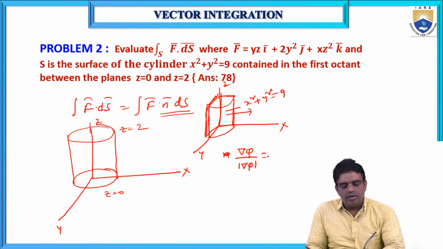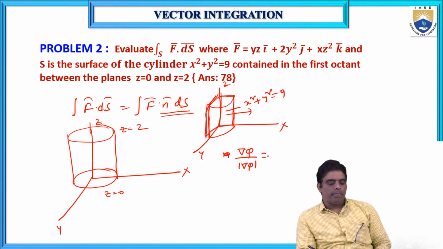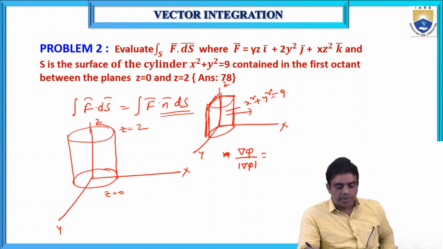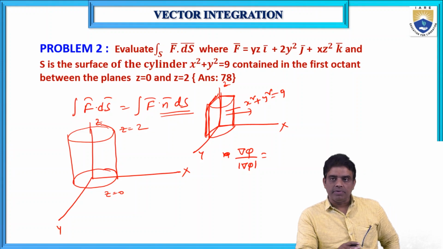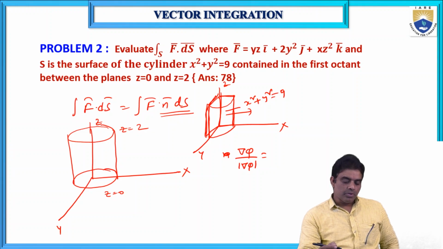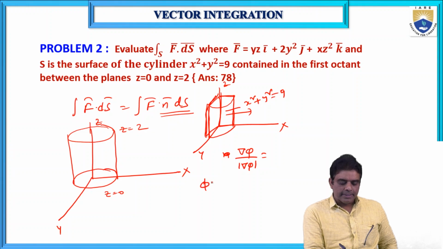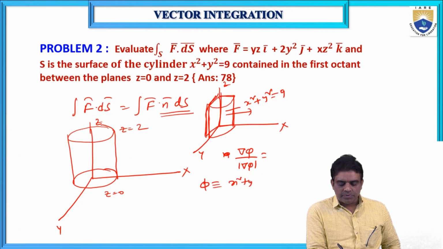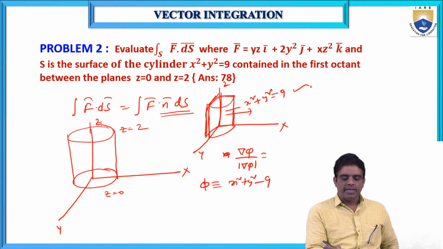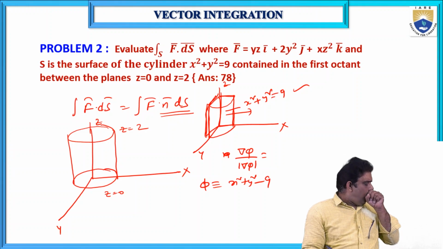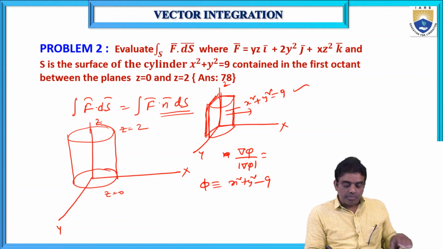In the previous problem the surfaces were parallel planes, parallel to the z-axis or parallel to the y-axis. But here it is a curved surface, a circular surface. So we need to find grad phi by magnitude of grad phi. Given phi is x square plus y square minus 9, the surface that is part of the cylinder.